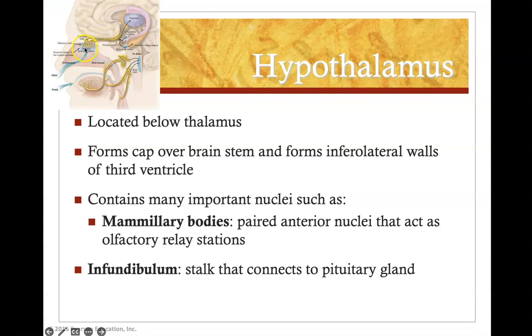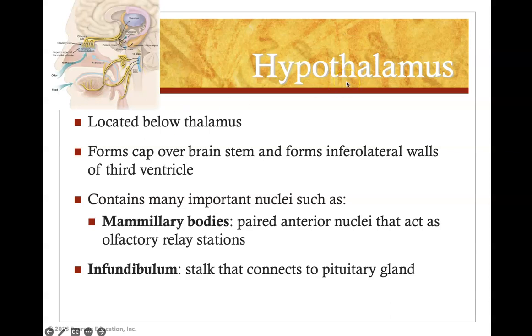So as olfactory information is coming in through the olfactory neurons here, it's going to be relayed through these mammillary bodies. So again, one of the main purposes of those mammillary bodies is to be a relay station only for your sense of smell, okay?